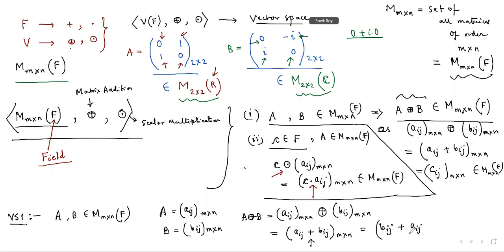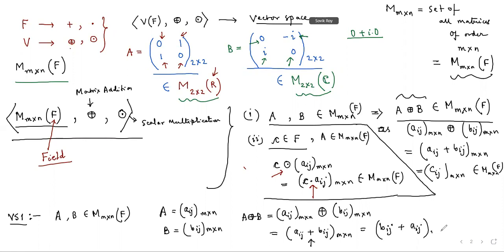If you consider the set of integers Z, it is not commutative with respect to the subtraction operation, because a minus b is not the same as b minus a, so you will not be able to prove this result. So if you want to write it as Bij plus Aij, your field needs to satisfy commutativity. You have to consider the elements from the field, because a field is commutative with respect to scalar addition.